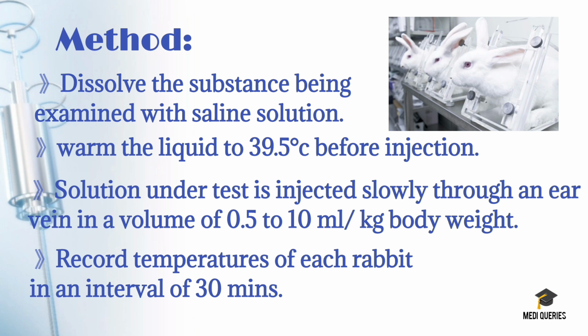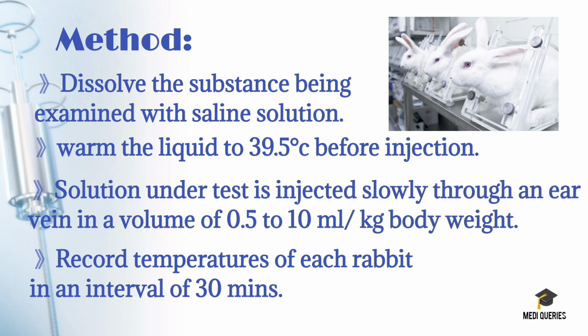The amount of the sample to be injected varies according to the preparation being examined and is prescribed in the individual monographs. The volume of the injection is not less than 0.5 ml per kg and not more than 10 ml per kg of the body weight. Withhold water during the test. A clinical thermometer or temperature sensing probe is inserted into the rectum of the rabbit for recording the body temperatures.